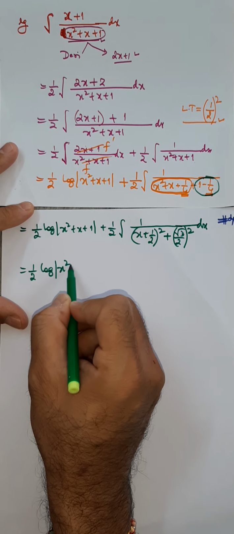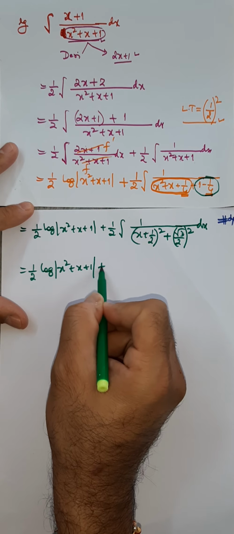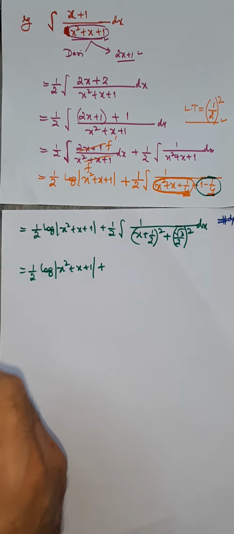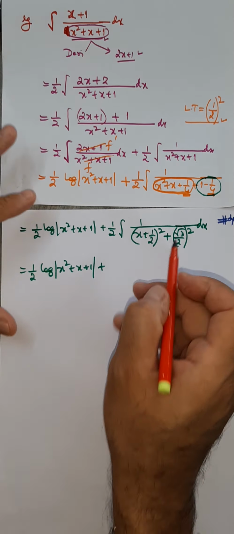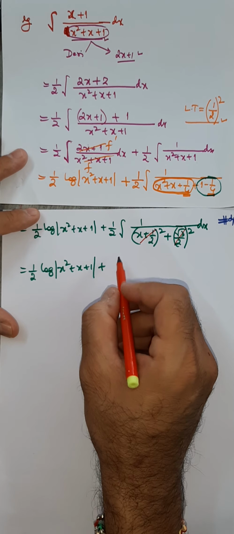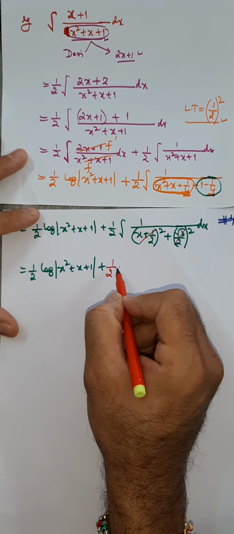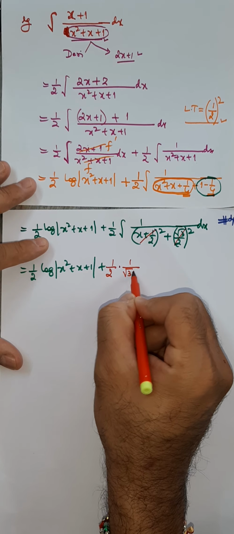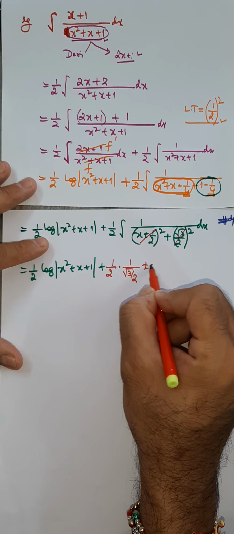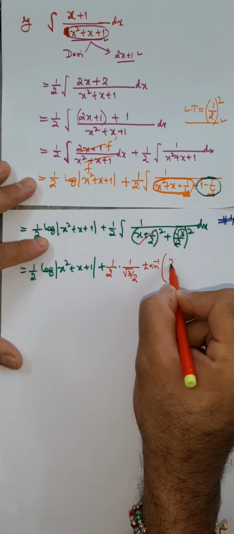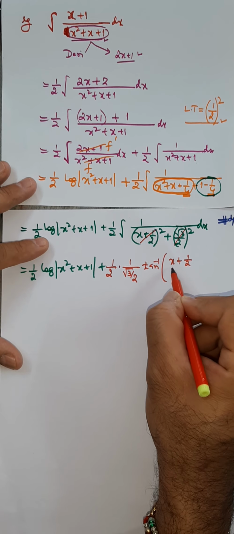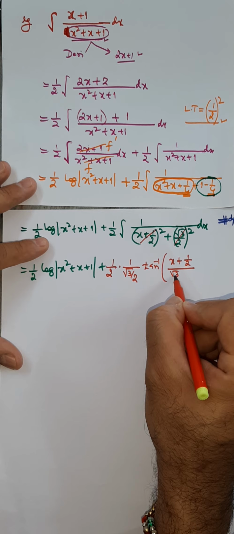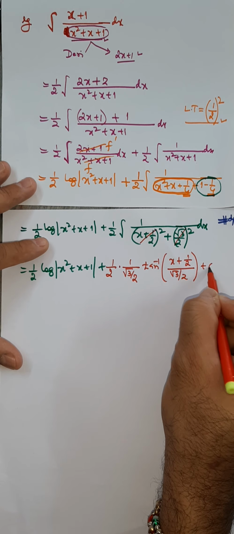Now you can see that this is a known formula. Which formula? This is a linear function; you can imagine this as x square plus a square. What is the integral of 1 upon x square plus a square? It is 1 upon a tan inverse x by a, where a is root 3 by 2 and x means x plus 1 by 2, upon a, that is root 3 by 2, plus c.